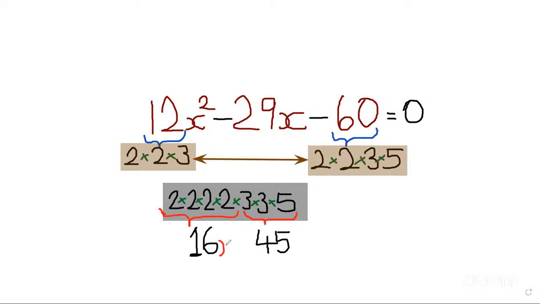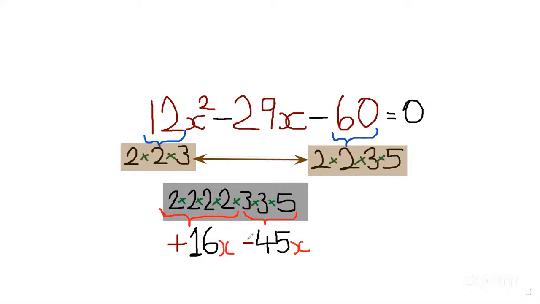So you will have an x beside this and an x beside this. Now, what are we going to do? We're going to have a plus 16 and a minus 45, and just like that, we have our replacement for minus 29 in the middle right there.